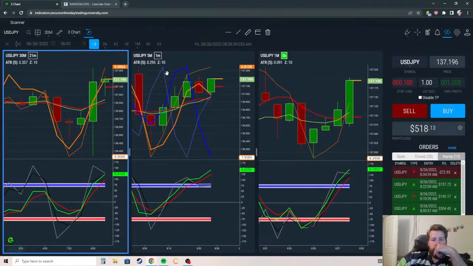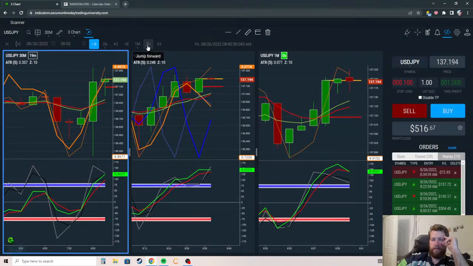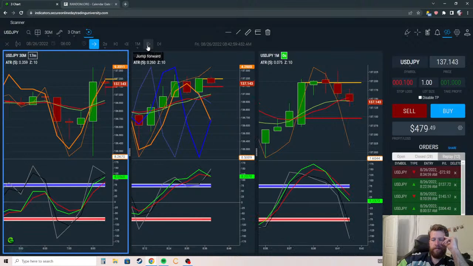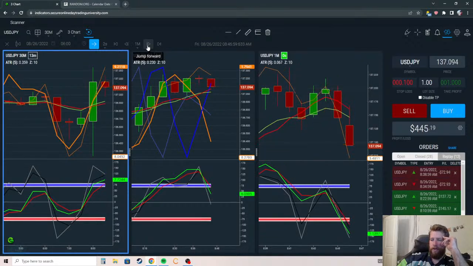Again, it might be just seeing if we can get a few points, probably about 5 pips. I think it wants to go up. Let's keep an eye. No. Let's just keep, nope, okay.